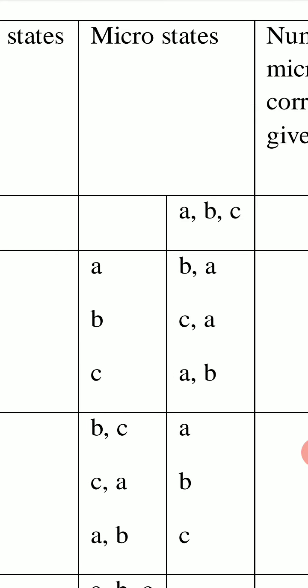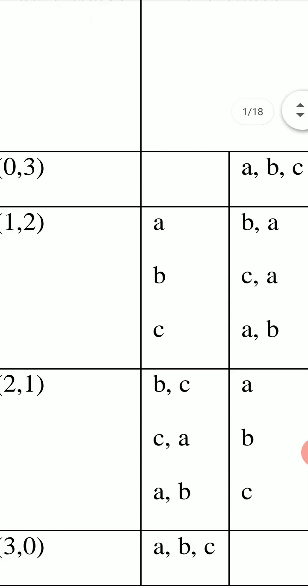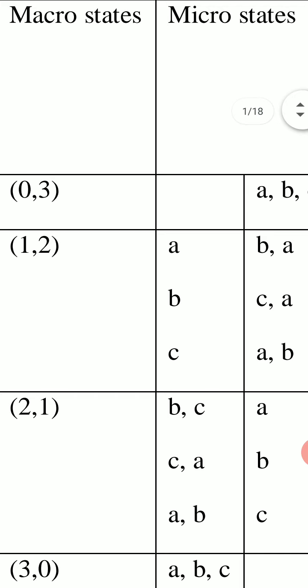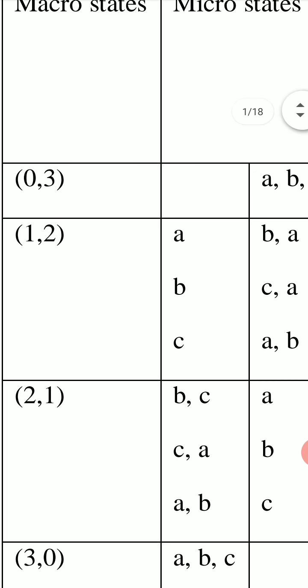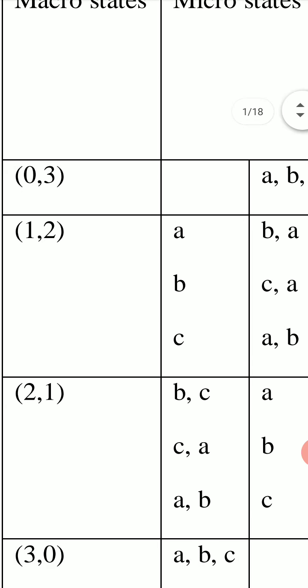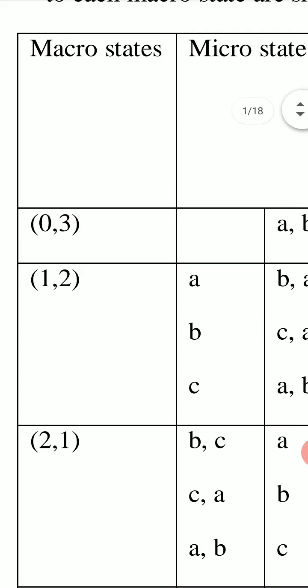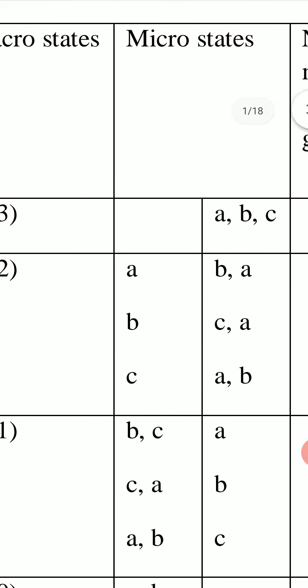First is, in first box we have particle A, in second box we have particles B and C. If we have in first box particle B, then in second box we have particles C and A. If we have particle C in box 1, then in box 2 we have particles A and B. So when we describe particles of the system, then it is microstate. So for macrostate 1, 2, there are 3 microstates.